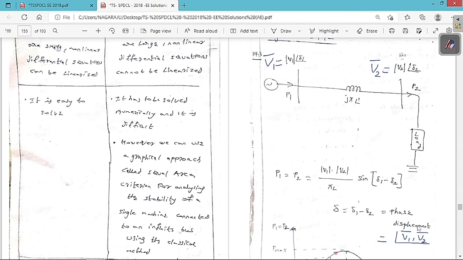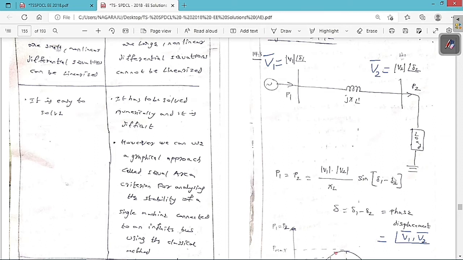But these delta 1 and delta 2 are with respect to a reference, the positive x-axis, whereas this delta is the phase displacement or phase angle between these two voltage vectors, V1 bar and V2 bar. So this is a very important point that you always have to understand.